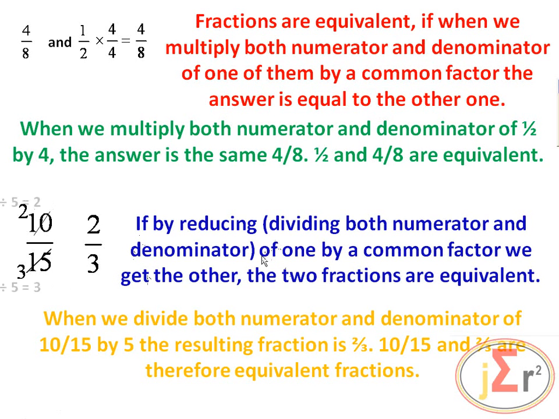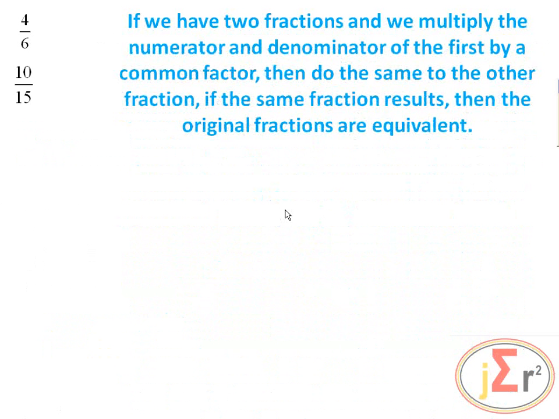We have another way of doing it. If we have two fractions and we multiply the numerator and denominator of the first by a common factor, then do the same to the other fraction. If the same fraction results, then the original fractions are equivalent. So let's do that.